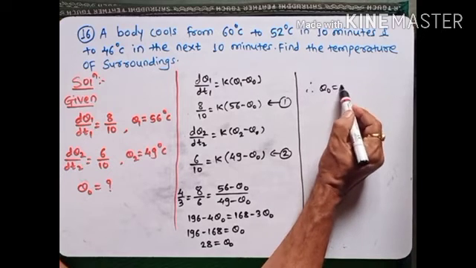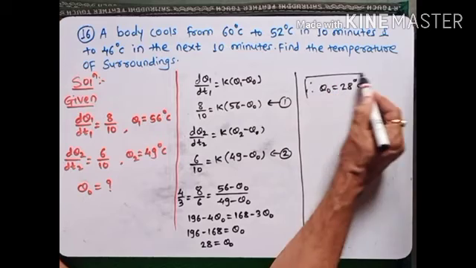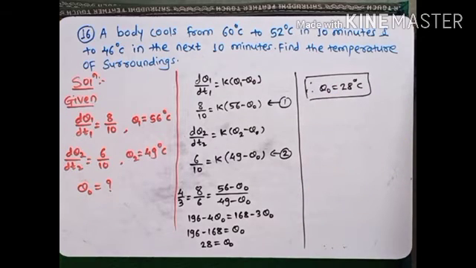Therefore θ0 is equal to 28 degrees centigrade. This is our answer, that is temperature of surrounding.